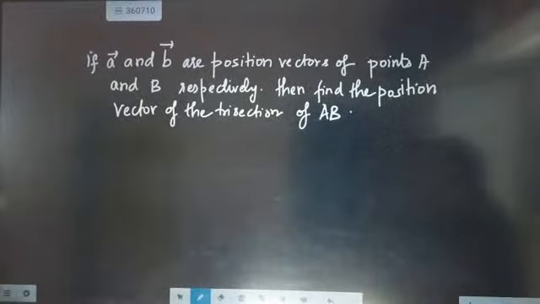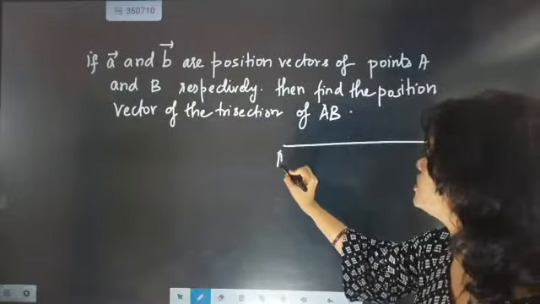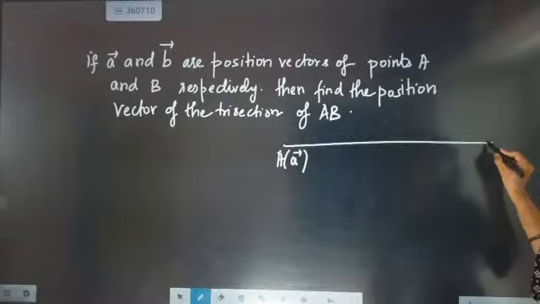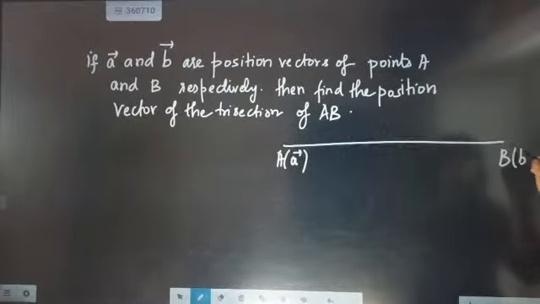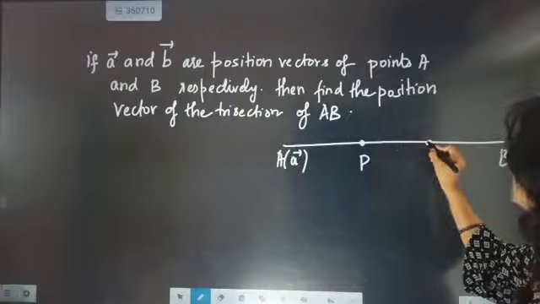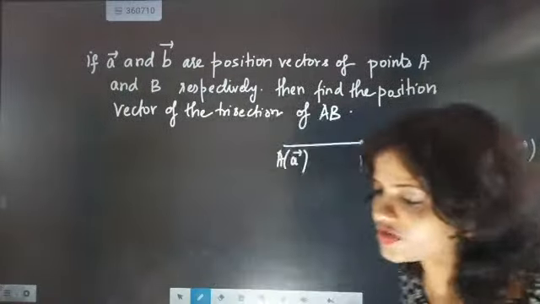What you have to do in this? What they have given to you is A and B. They have given the position vector of A, it is coming as A vector, and for B they have given B vector. Now two points are there which are exactly equidistant, P and Q. Fine. Now you have to find the trisection.